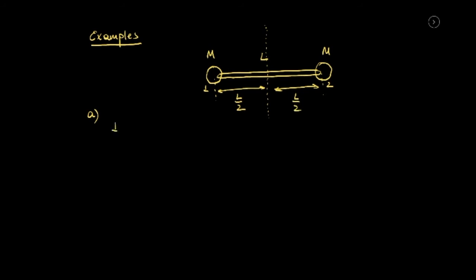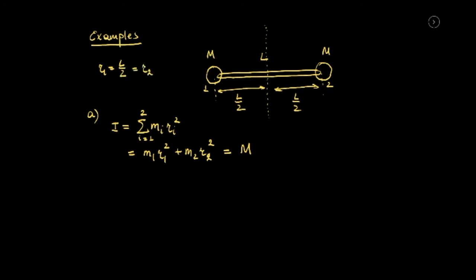According to the formula, I is equal to the sum of m_i r_i squared. There are only two particles, so I goes from 1 to 2: m1 r1 squared plus m2 r2 squared. m1 and m2 are equal and both have mass m, and r1 is equal to L divided by 2, and this is also the same for r2.